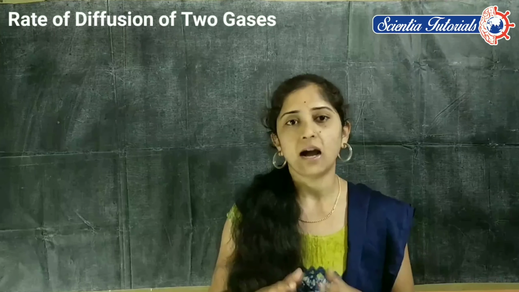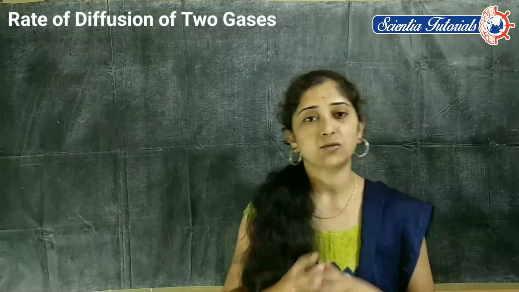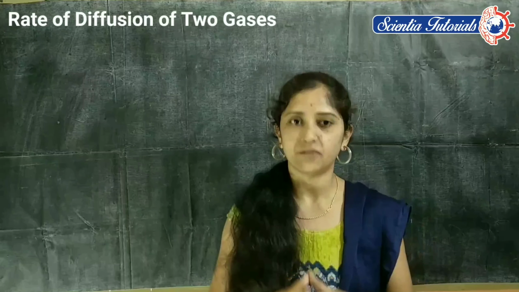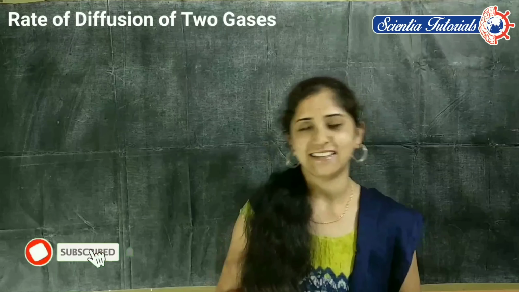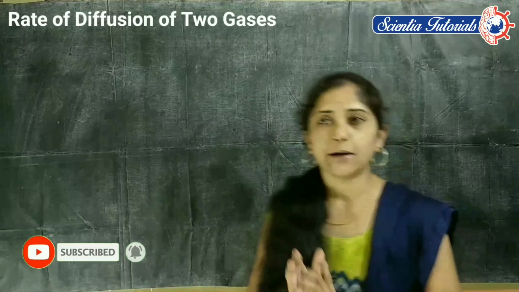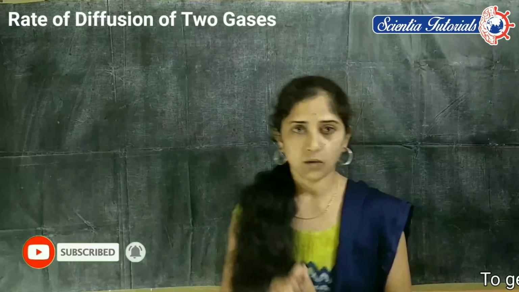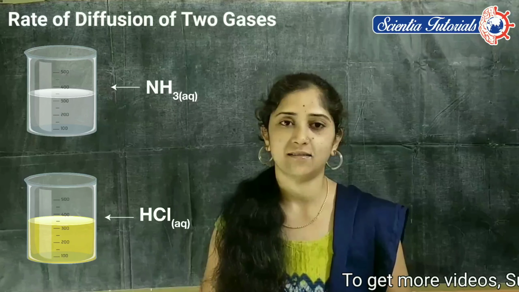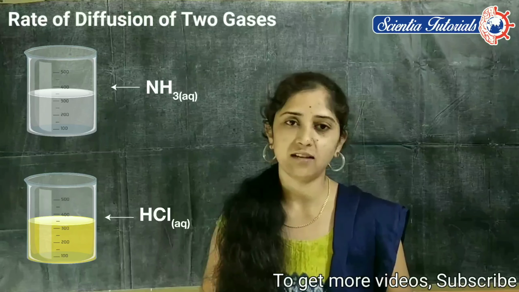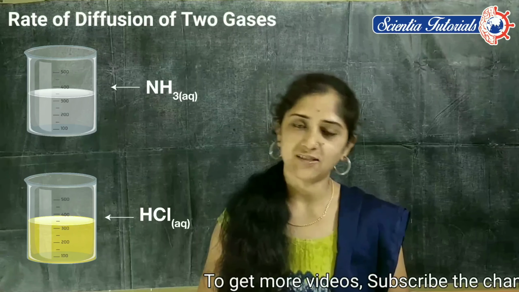So let me show the lab activity on the rate of diffusion of two gases. Let's get going with our session. Students, for this lab activity we need two solutions: ammonia solution and hydrochloric acid solution.